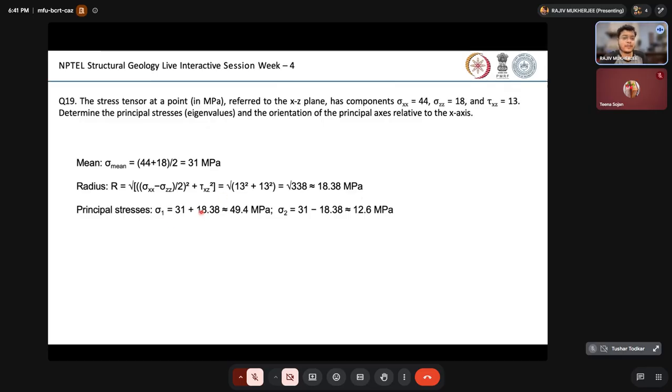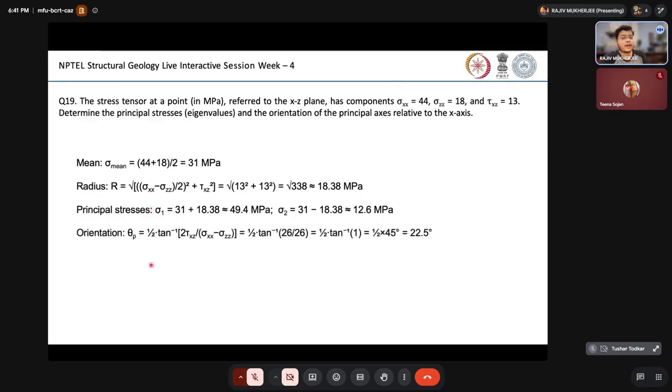One will be 31, the mean stress, plus 18.38, and the other will be 31 minus 18.38. That's how we calculate sigma 1 and the other, whether it is sigma 2 or sigma 3, because we are constructing in a two-dimensional plane. It is, as mentioned, the xz plane. That means it is a 2D strain problem.